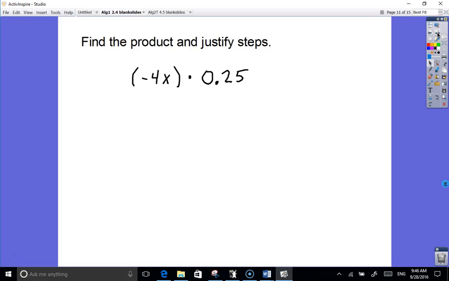In this one, the first thing they did is say, how about if I make this -4 times x times 0.25? What did I just change? The grouping. So what property is that? Associative, right?